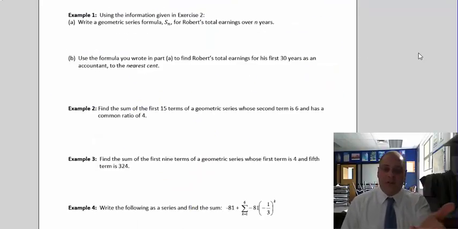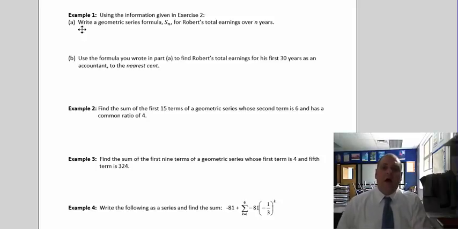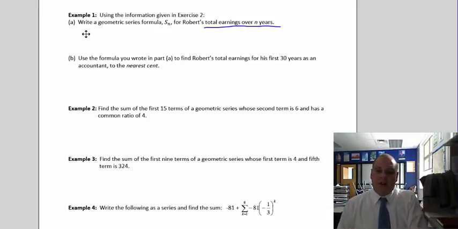So example 1 is going to be basically from the front page, that same information, right? Write a formula for his total earnings over n years. So let's say we don't do 30 years, we just say n years. So we're just going to use that formula, S sub n equals, it's A1.